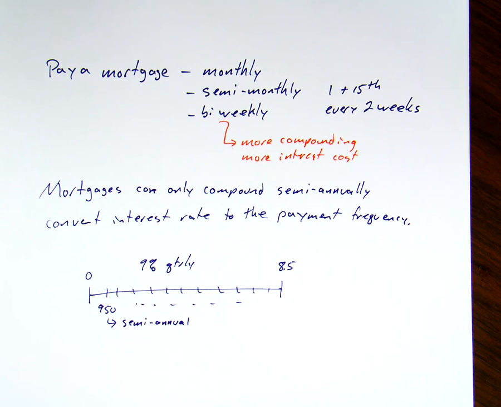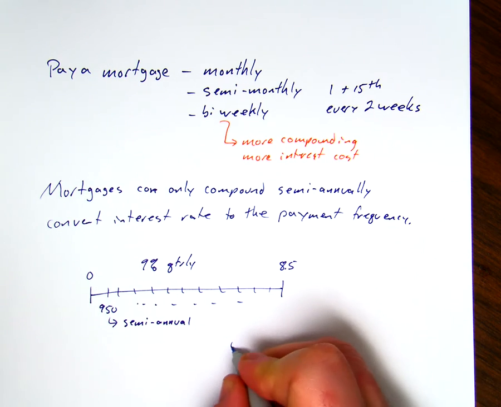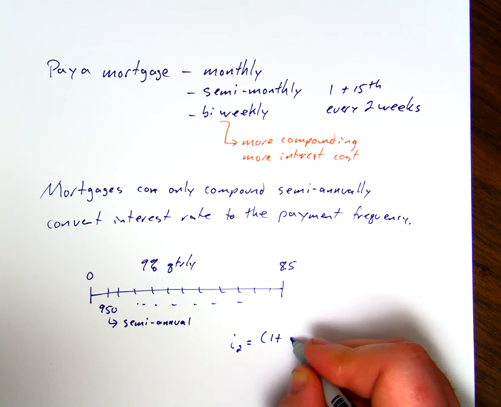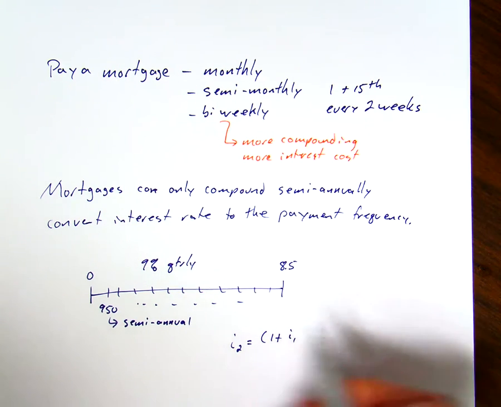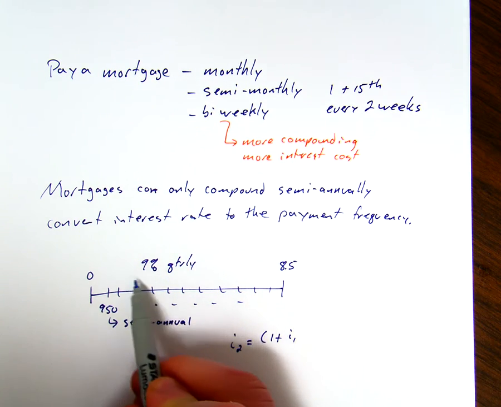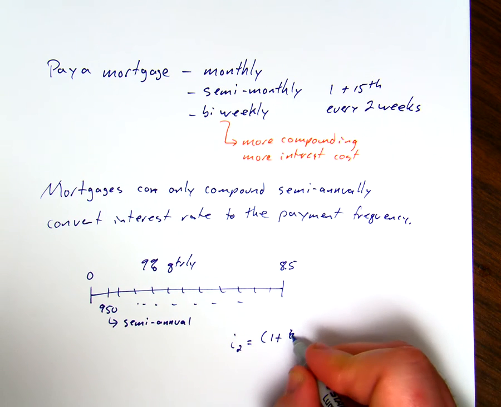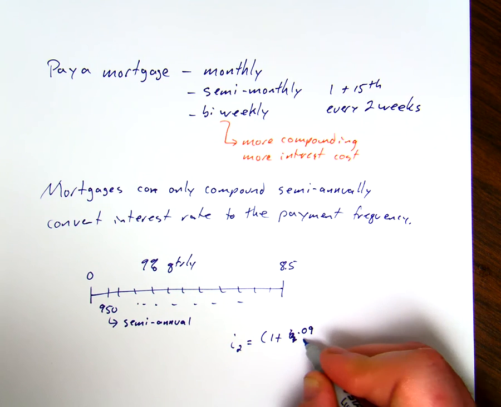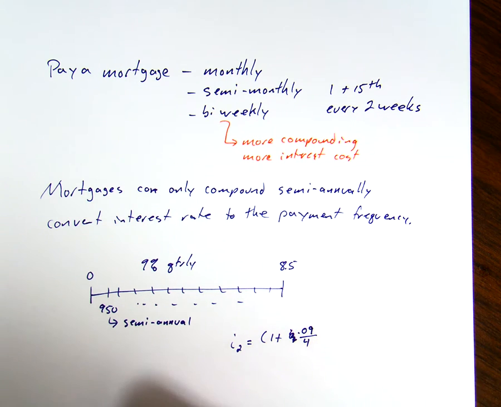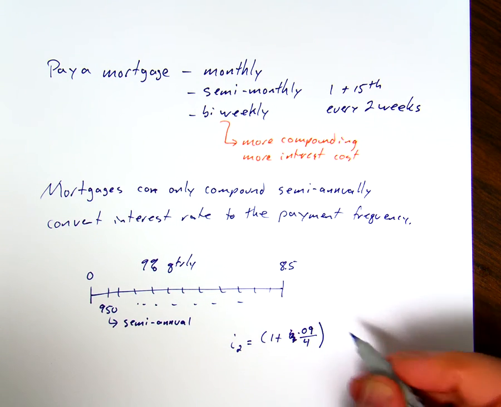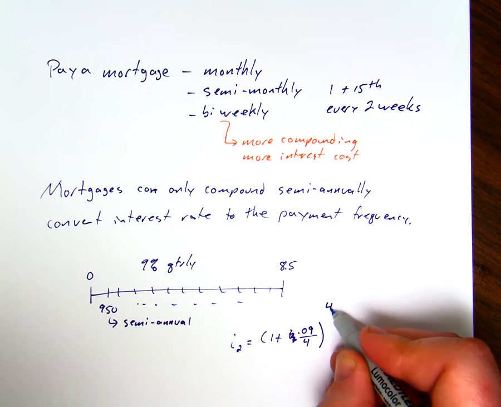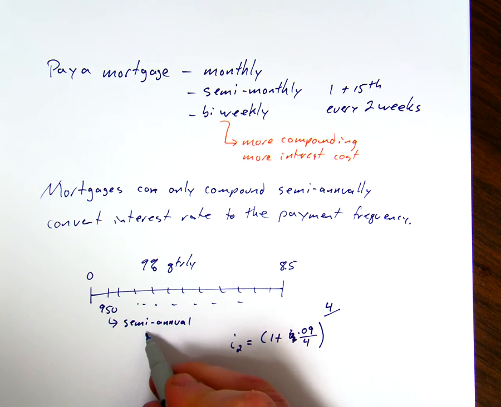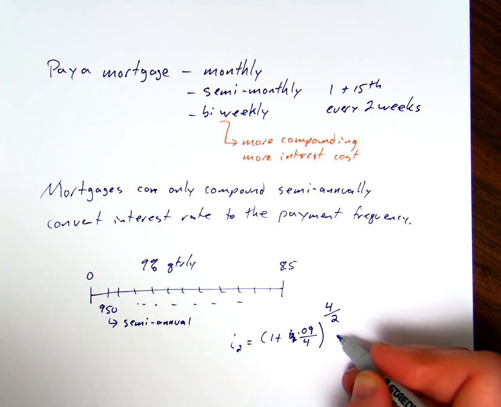The way we'd approach that before is to say i2 is equal to (1 + i1) to the 4 over 2, minus 1, where i1 is based on our interest rate: 9 over 4, to the 4 times a year compounding for quarterly divided by the 2 times a year compounding for semi-annually, minus 1.